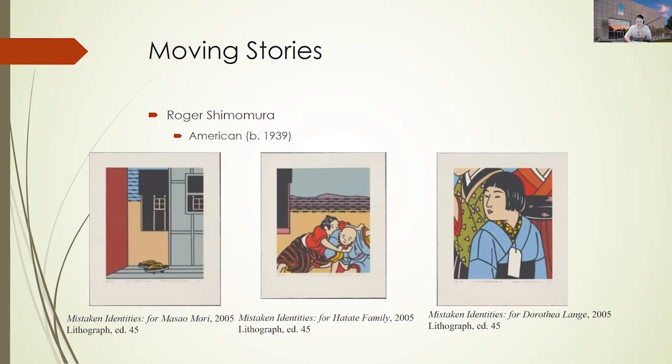So they may at first seem like very traditional Japanese prints representing very traditional Japanese people, but there's always that element in the background, or even in the foreground, of the tag or the label that identifies who they are, the barbed wire in the background of the center one, as well as the one on the left.